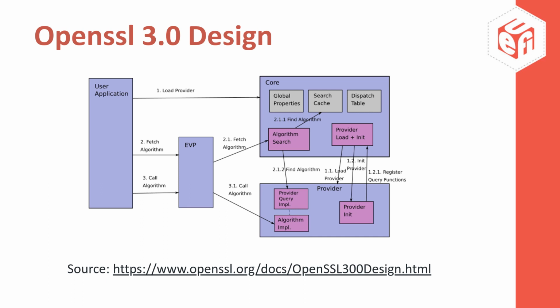It includes the default provider, which implements a set of default algorithms. The legacy provider provides the implementation of old algorithms that will be exposed via EVP level APIs. Eventually, a third party may provide their own provider, which implements a set of algorithms that will be accessible to the application and other providers via the core. For more details of OpenSSL 3, please refer to that URL. It has a much more detailed explanation.